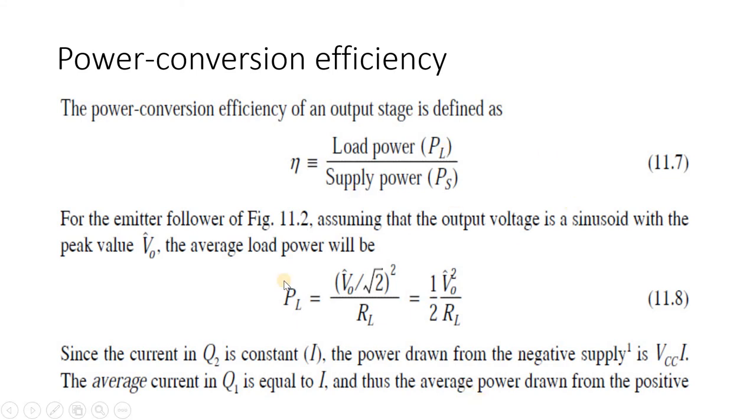Load power is V into I, or V square divided by RL. With output voltage V naught divided by root 2, that whole square divided by RL, this equals half into V naught square divided by RL.